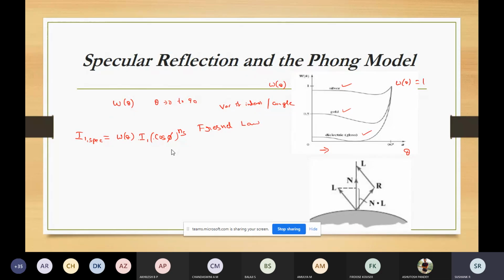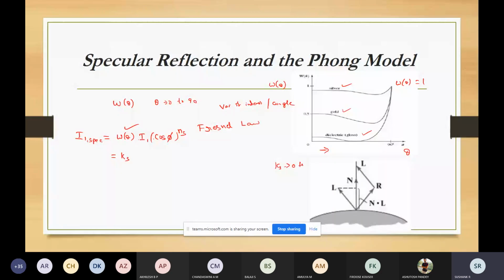Because of this property, you can replace this W of theta with a constant called the specular reflection coefficient, since the specular reflection will be nearly constant for all angles of incidence in most opaque materials. So you can replace this W of theta with Ks. The value of this Ks will be from 0 to 1.